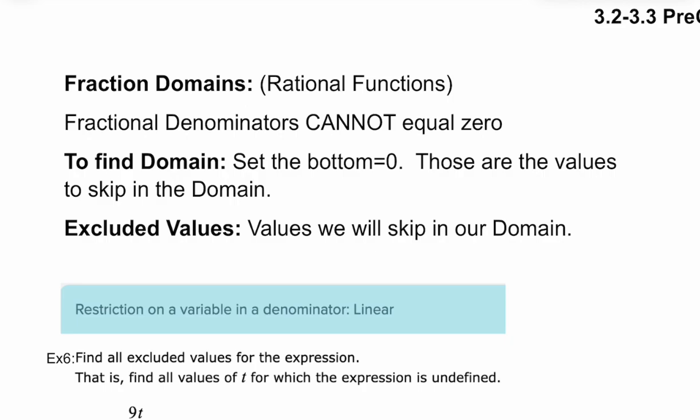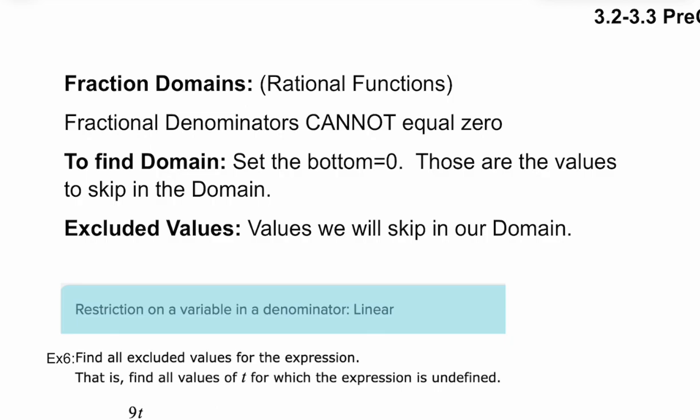So to find the values that we must exclude, you're going to set the denominator equal to 0. And those are the values that we have to skip in our domain. They're called excluded values. So any place where the fractional denominator would equal 0 are values that we have to skip. They are excluded values.